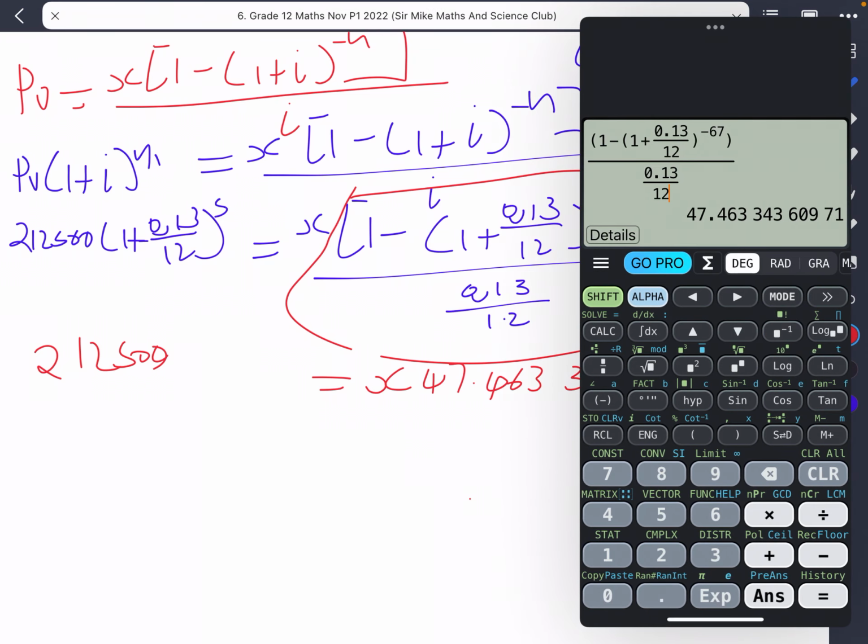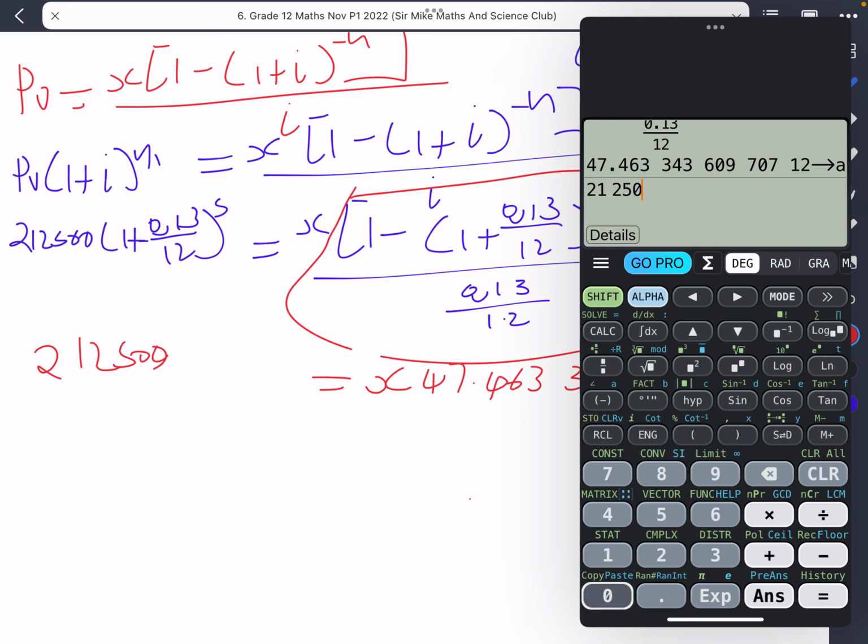Now we can't round off, so that would be multiplied by. Let me rewrite that whole thing so that the x is not separate.